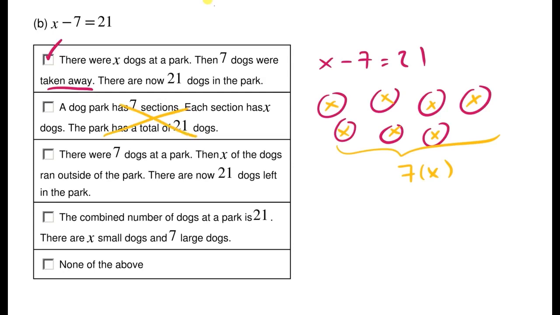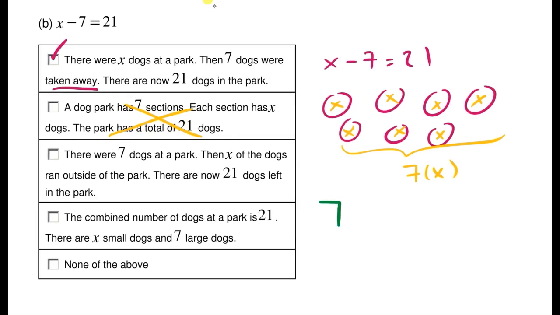Scenario 3, there are 7 dogs at a park. Then X dogs ran outside of the park. There are now 21 dogs left in the park. So it makes me think about 7 take away X dogs.